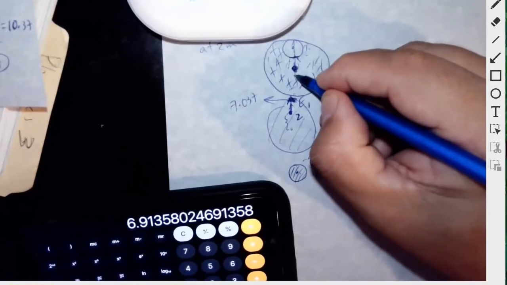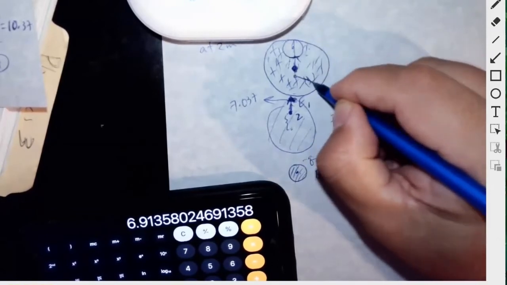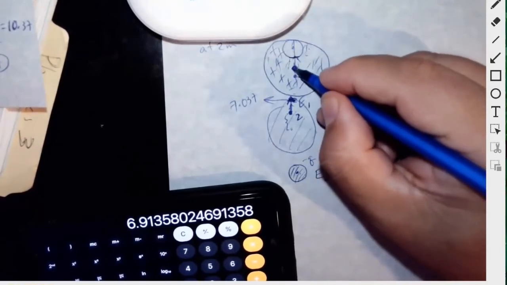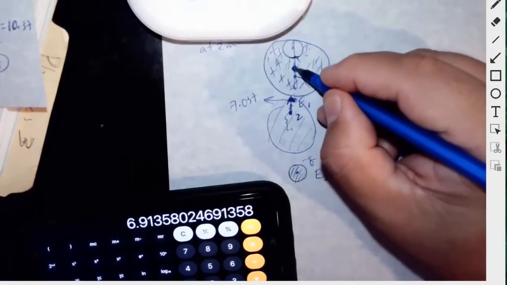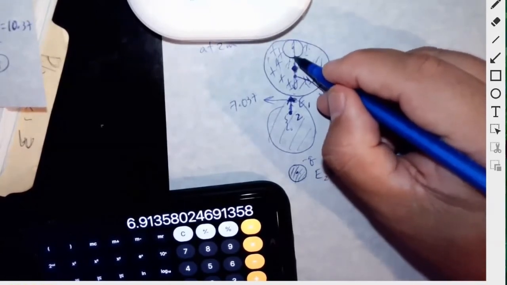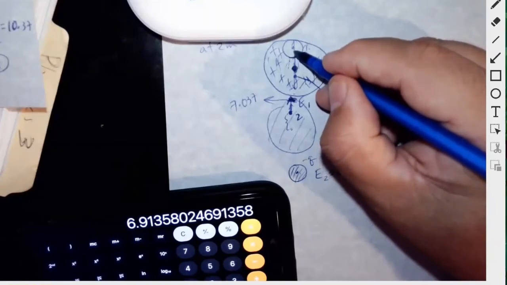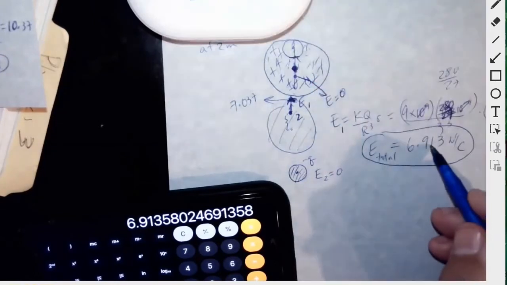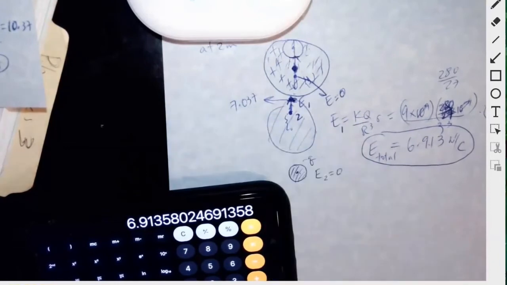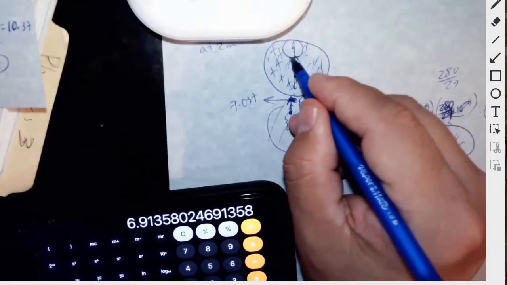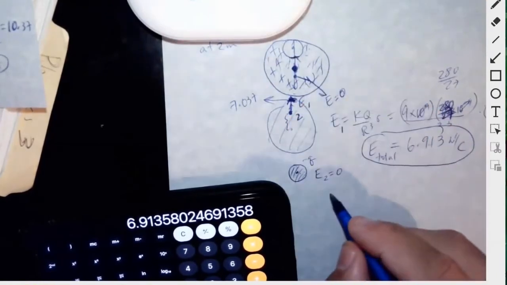So starting somewhere here, let's say, the electrical field is 0, where the field of the solid and the other one cancel. Then it starts to increase. Then when you get here, it increases. And from here to here, it doesn't increase a lot, but it does increase slightly from 6.9 to 7, you see. So then what would be the electrical field at the bottom at R equals 1?